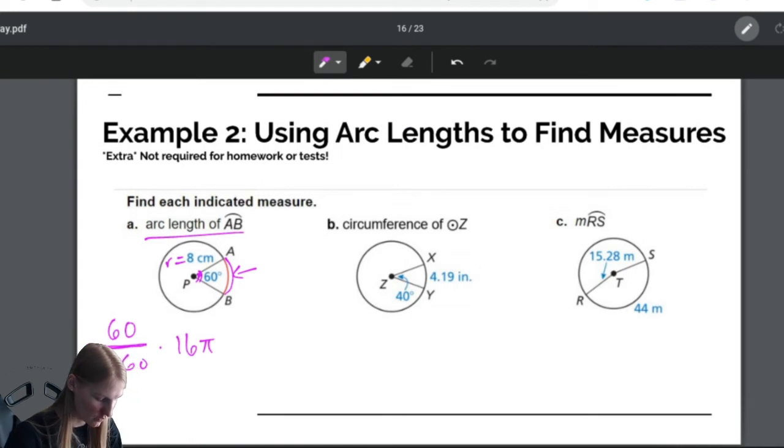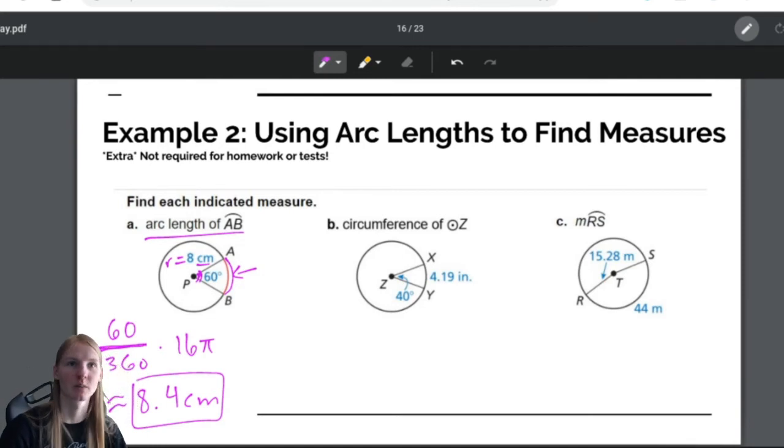Now all we have to do is 60 divided by 360 times 16 pi, which is approximately 8.4 centimeters. Don't forget your units. So the arc length is approximately 8.4 centimeters.